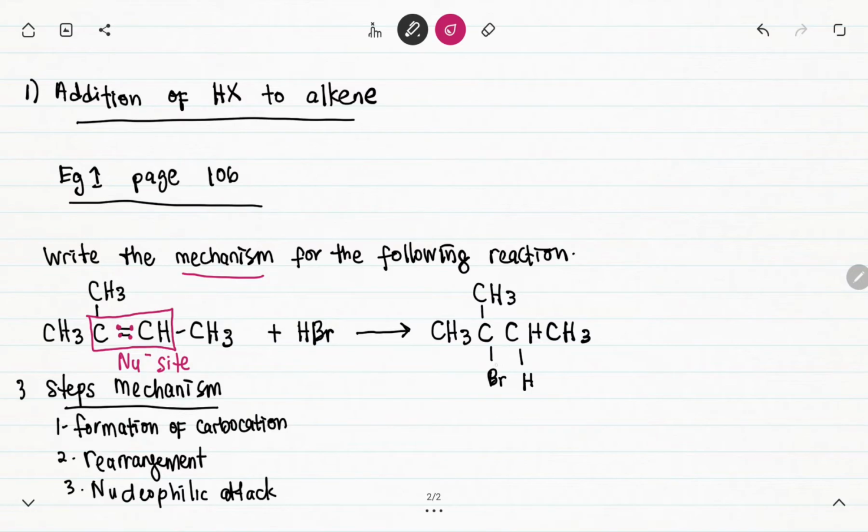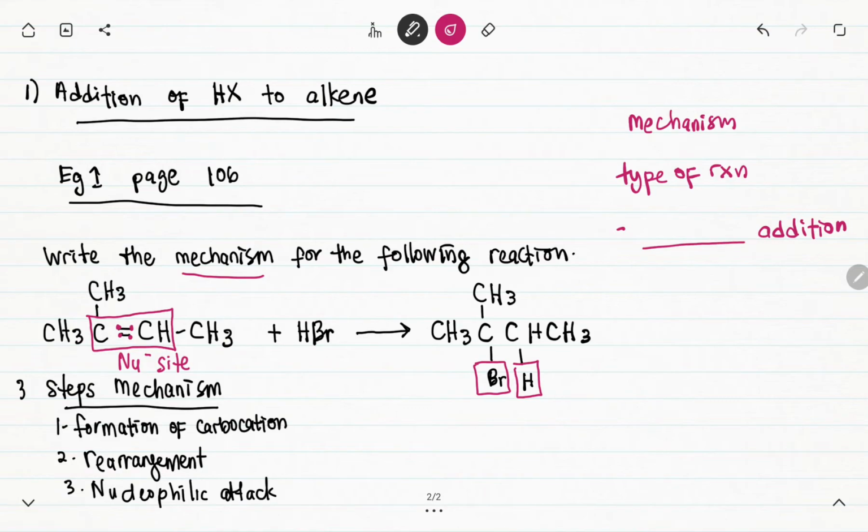We have the addition of the bromine atom and another one of hydrogen atom. When you focus on the mechanism, it must be related to the type of reaction. The process involved, we trace that we add H and Br, and the process we can label as an addition reaction.